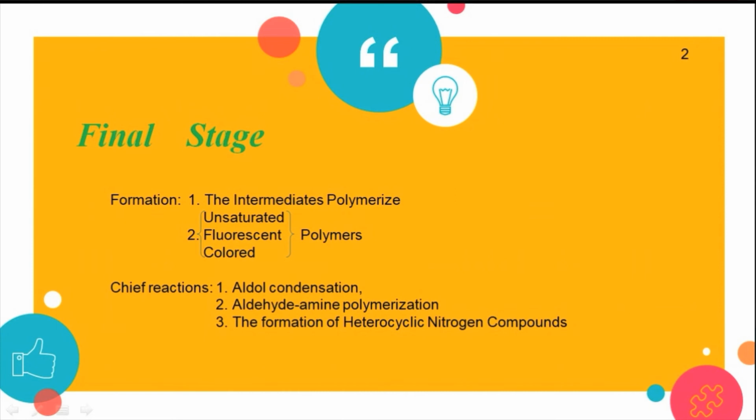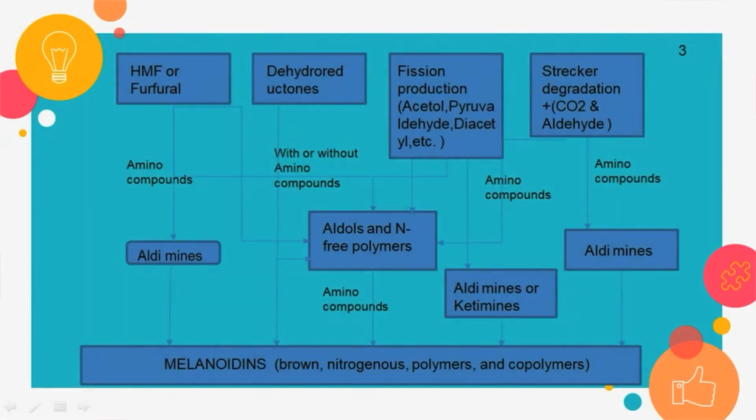The main reactions involve aldol condensation and aldehyde-amine polymerization and forming heterocyclic nitrogen compounds. I will introduce the final stage in two parts. This diagram apparently shows this final stage.